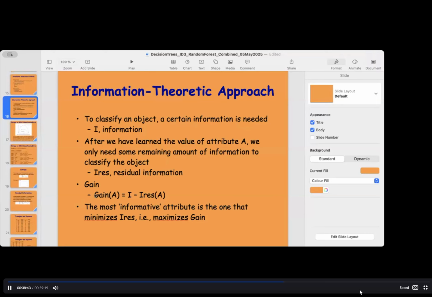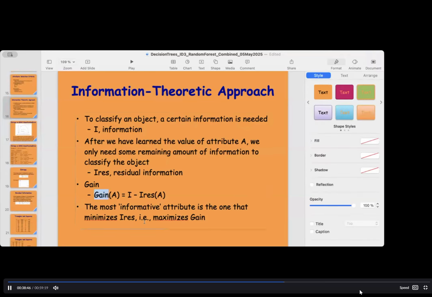The idea here is to maximize the information gain. So the information gain is equal to the information minus some residual information. We will be computing this residual information in order to choose the smallest possible residual information so that the gain is maximized.